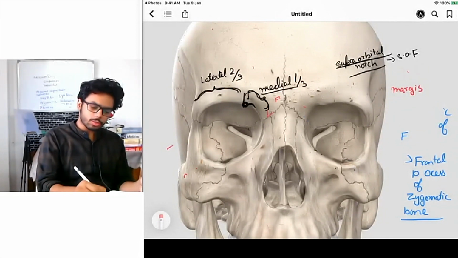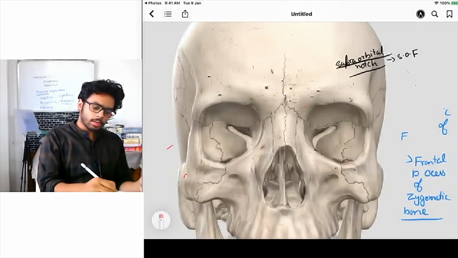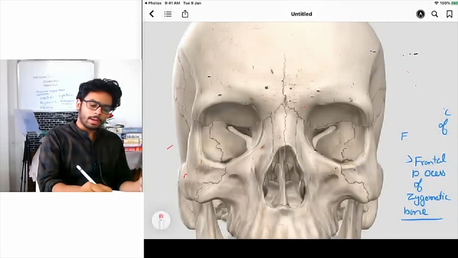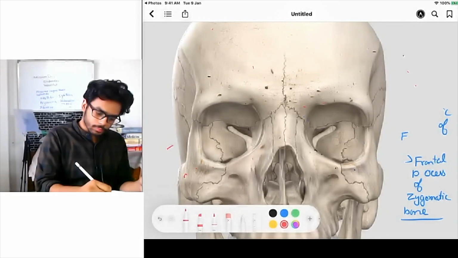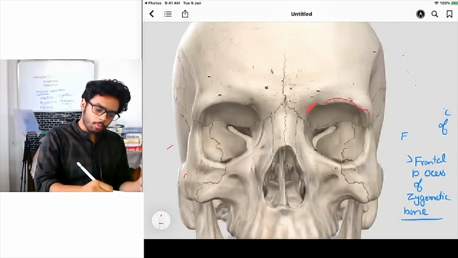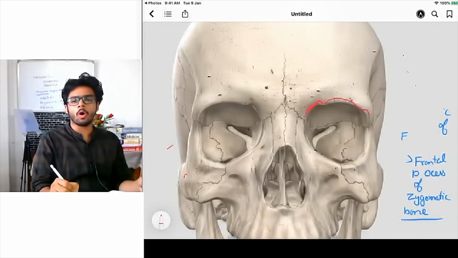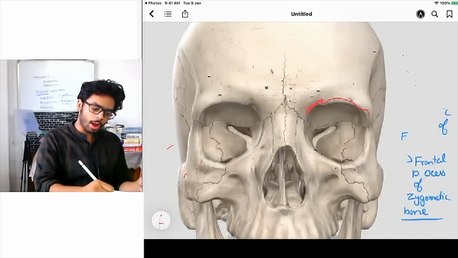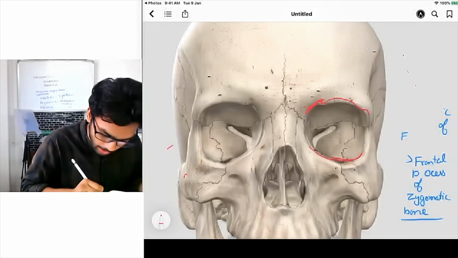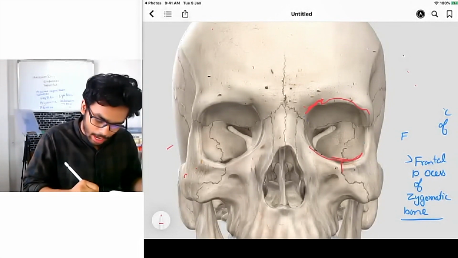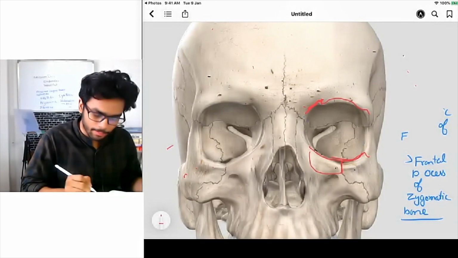So the supraorbital margin is formed by the frontal bone, and at the junction of lateral 2/3 and medial 1/3 there is a notch called supraorbital notch, and there is a foramen known as supraorbital foramen. We have the infraorbital margin, which is formed on the lateral side by the zygomatic bone and on the medial side by maxilla.